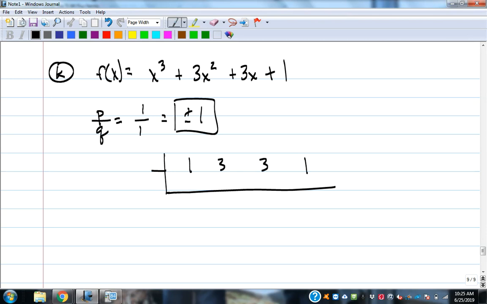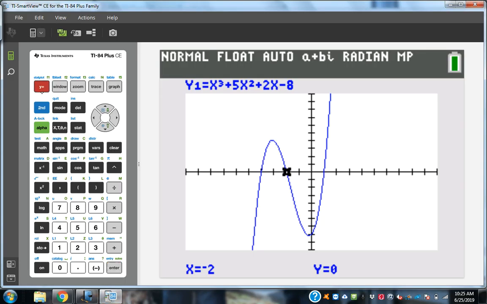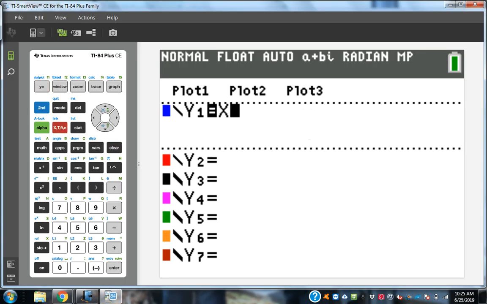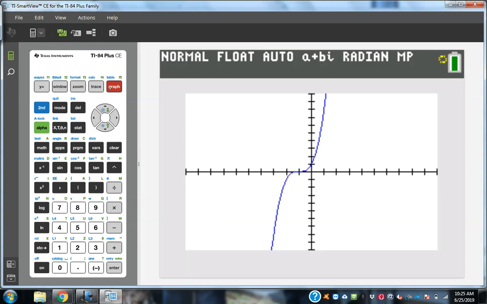Okay. So we're going to graph x cubed plus 3x squared plus 3x plus 1. So y equals x to the third plus 3x squared plus 3x plus 1. And see what's happening here.